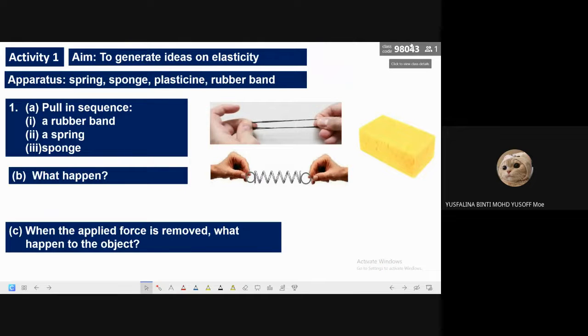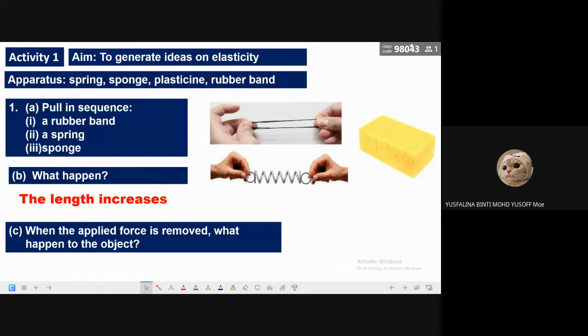So the first one, it says to generate ideas: what is actually elasticity? We have the apparatus: spring, sponge, plasticine, and rubber band. If you stretch a rubber band, the length of the rubber band will increase.